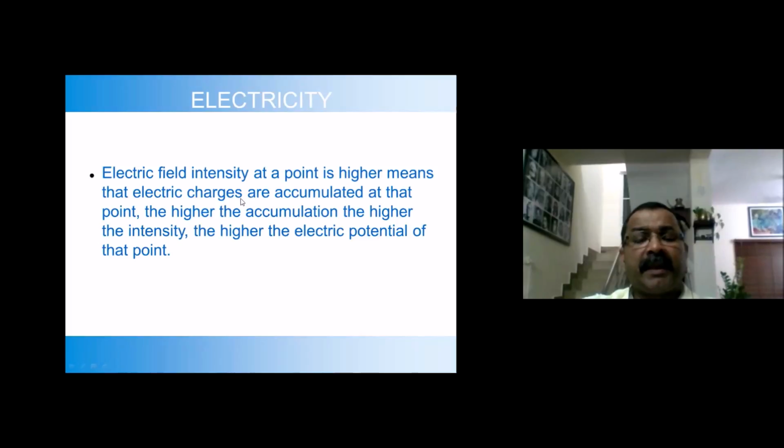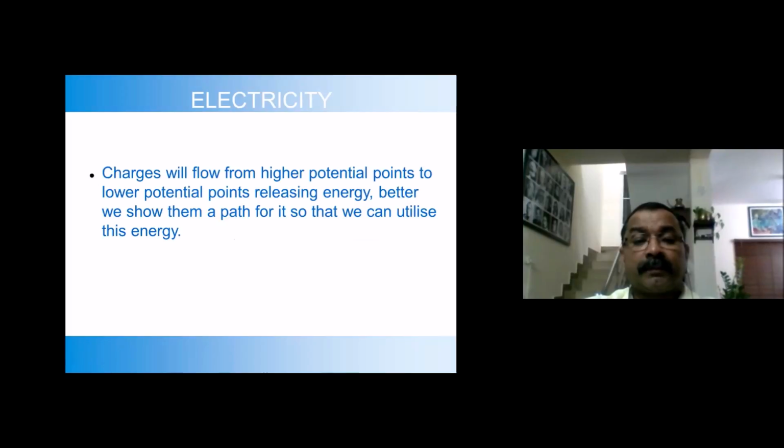Meaning that a point has got higher electrical potential means charges are accumulated there. And these charges will flow from higher potential points to lower potential points, releasing energy.